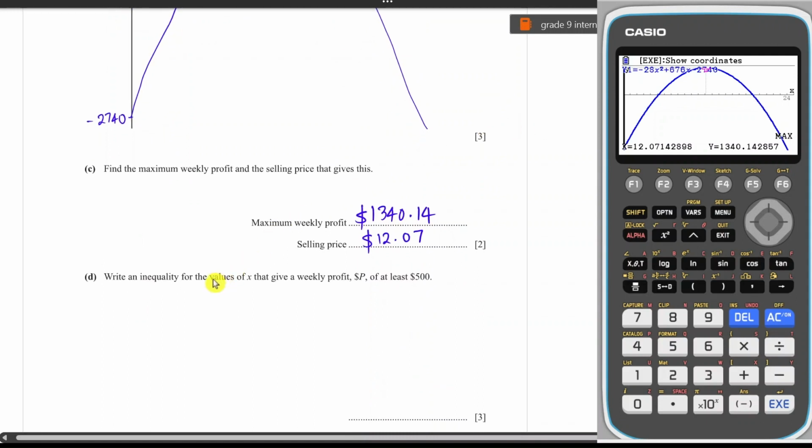Write an inequality for the values of x that give a weekly profit of at least $500.